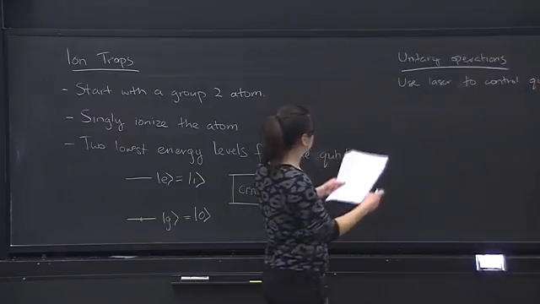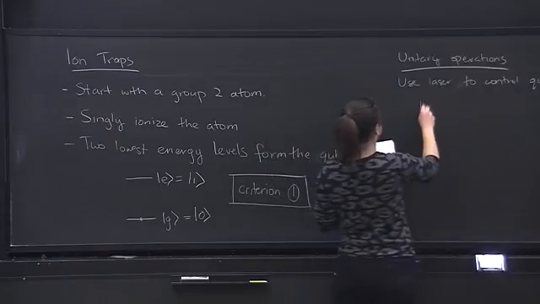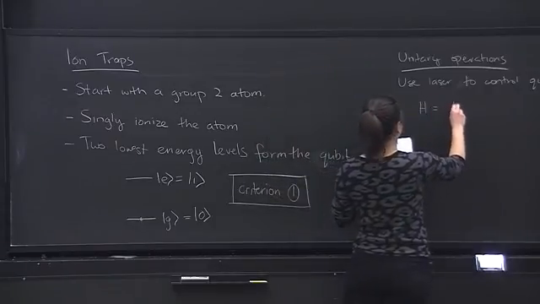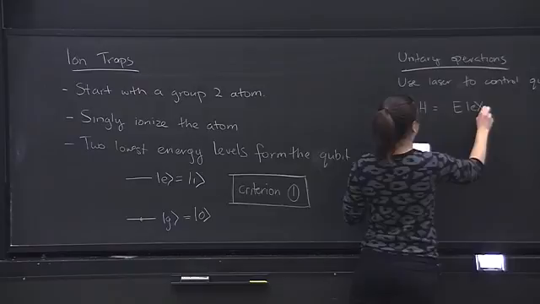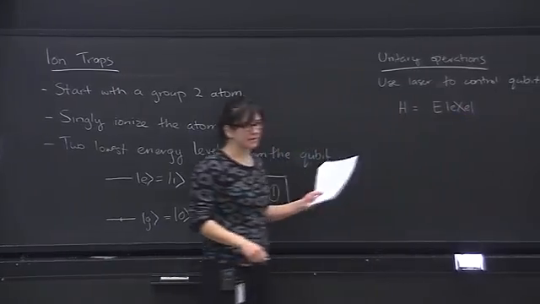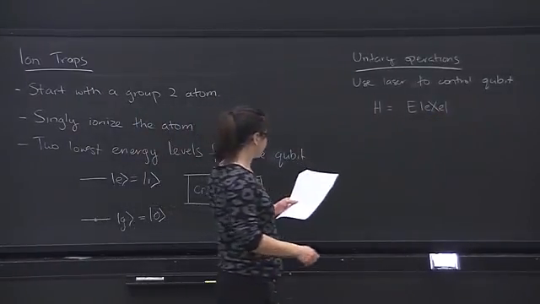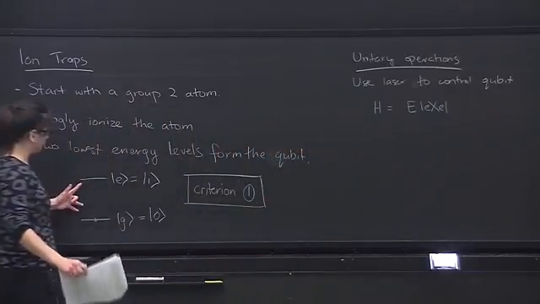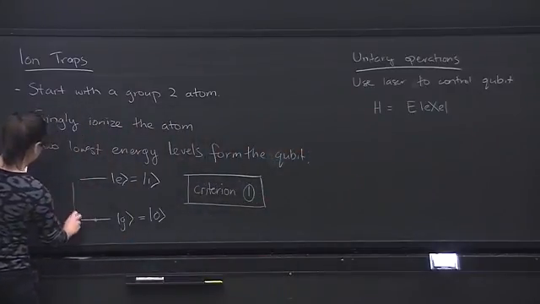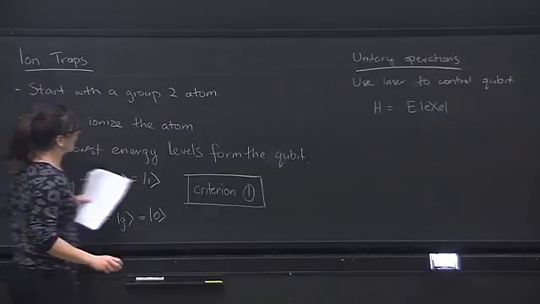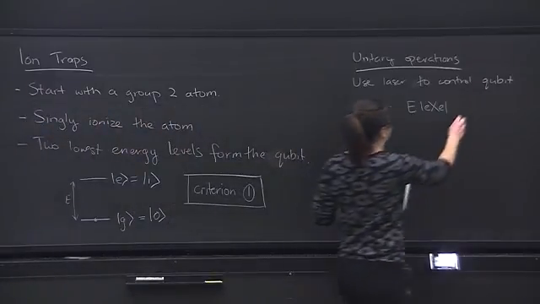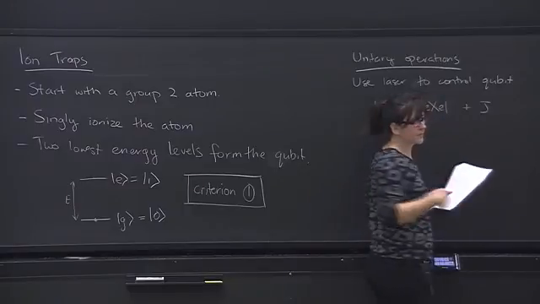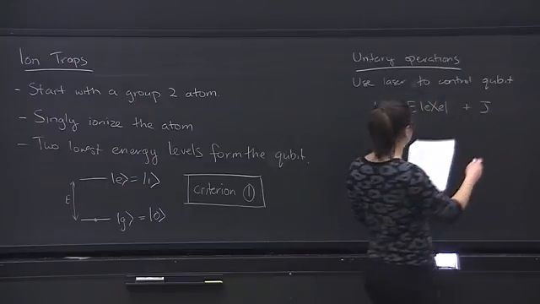So we can write down the Hamiltonian of the atom. I'm setting the ground state energy to 0 here, so it's an atom where the energy difference is E. And then we've got a Hamiltonian that couples the laser to the atom.